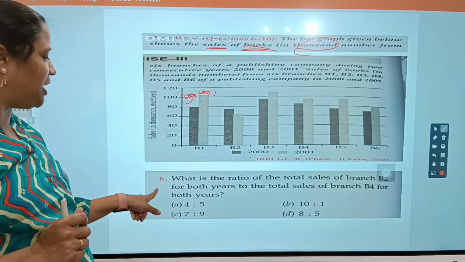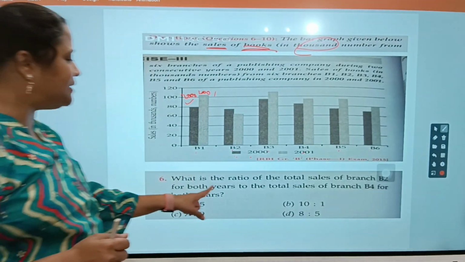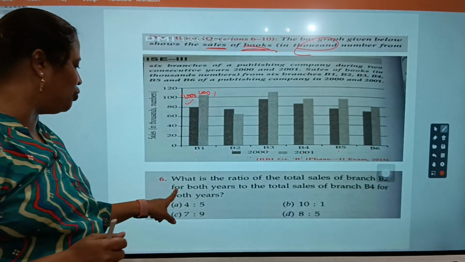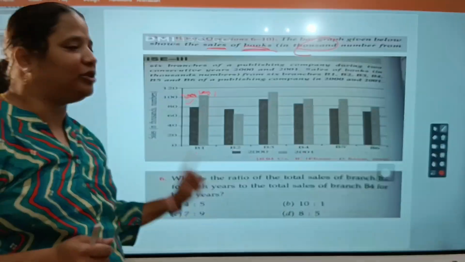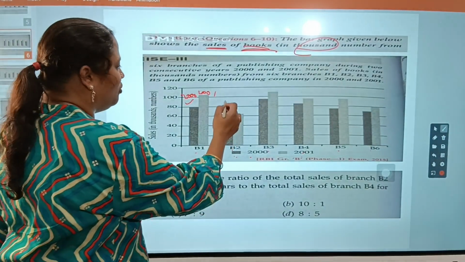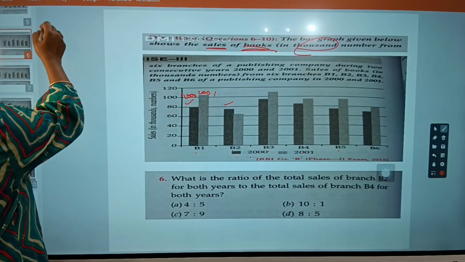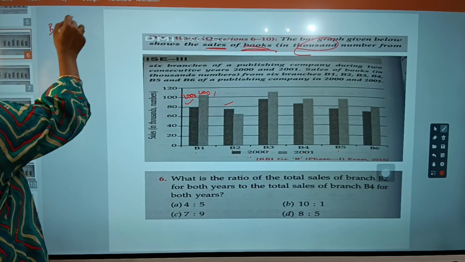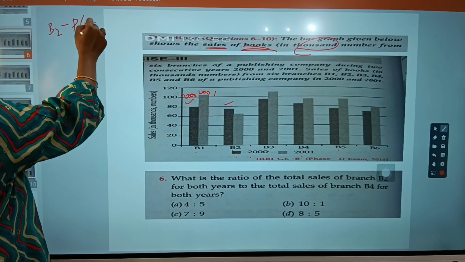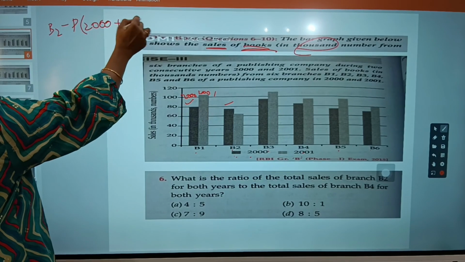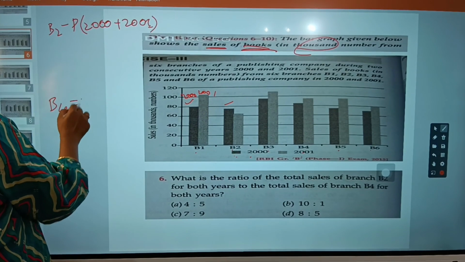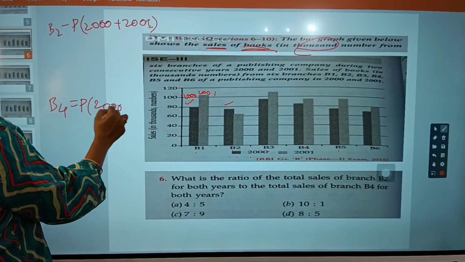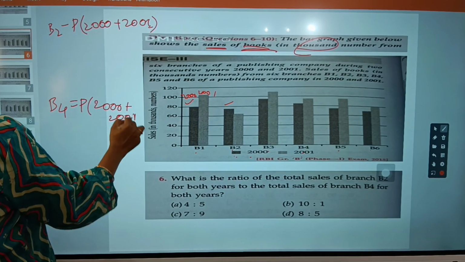So the first question of this graph is, what is the ratio of total sales of branch B2 for both years to total sales of branch B4 for both years? So for B2, we have to find out 2 years production: 2000 plus 2001. And for B4 also 2000 plus 2001.